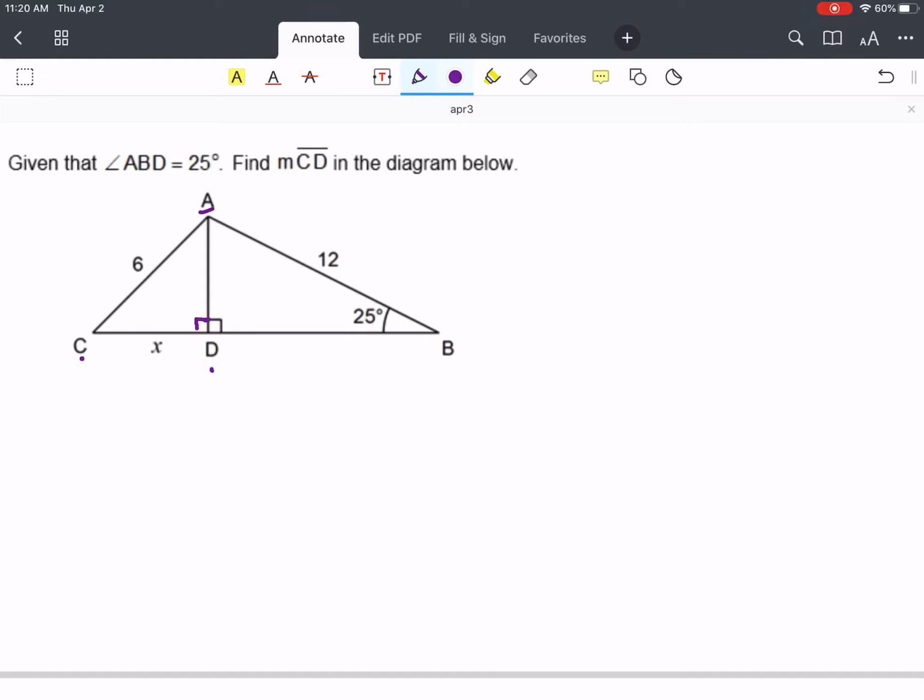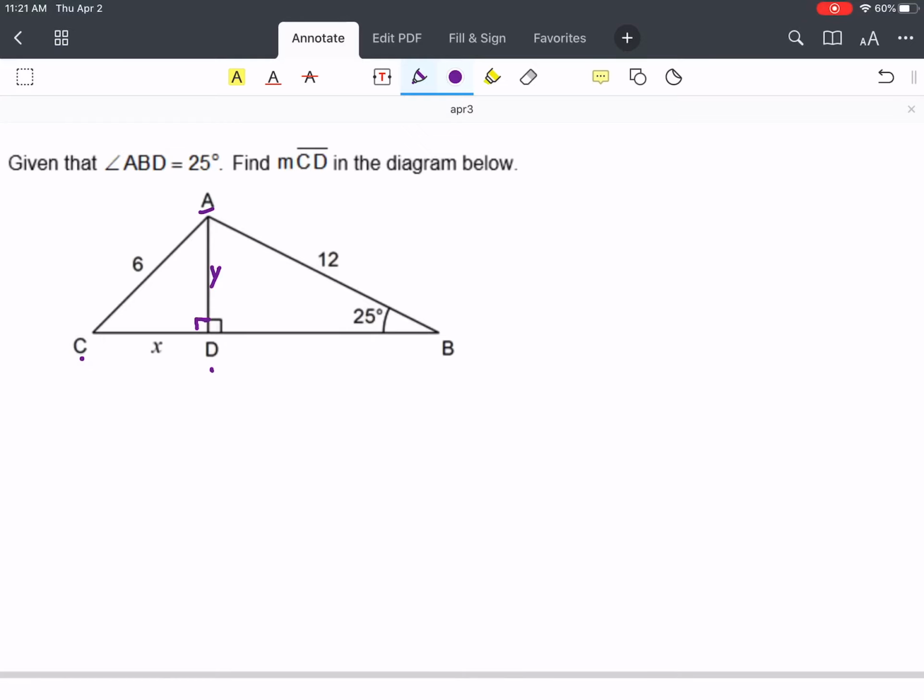The other case is, if we knew AD, that side length, we could use Pythagoras to solve for x. Okay, so just for the sake of it, let's call this side length y. And luckily we can solve for y using this right-hand triangle, triangle ABD.